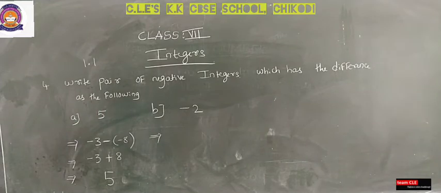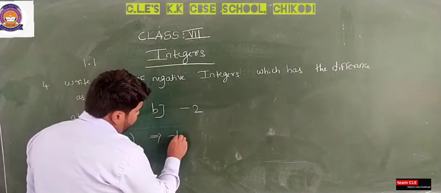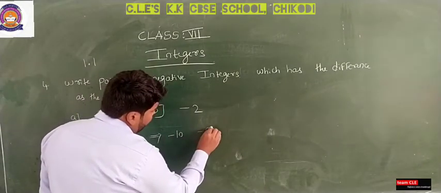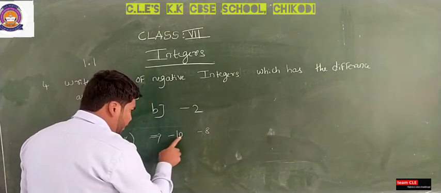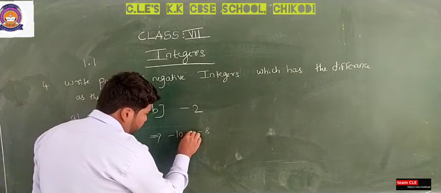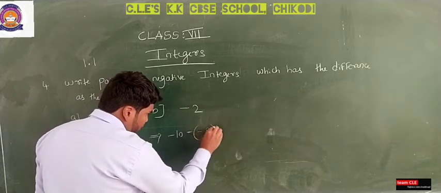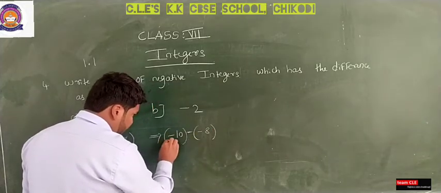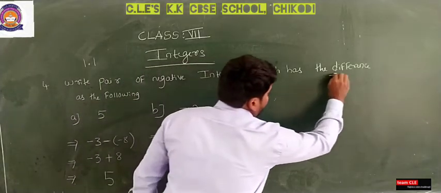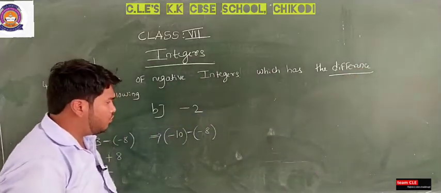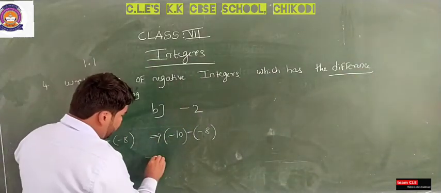Now comes one more question, that is -2. For -2 we will choose -10 and -8. I will choose the two negative integers, and in between I will choose the operation as minus, because the question says difference.